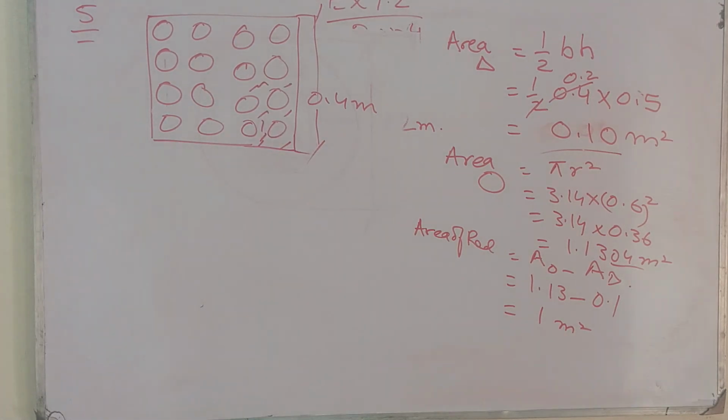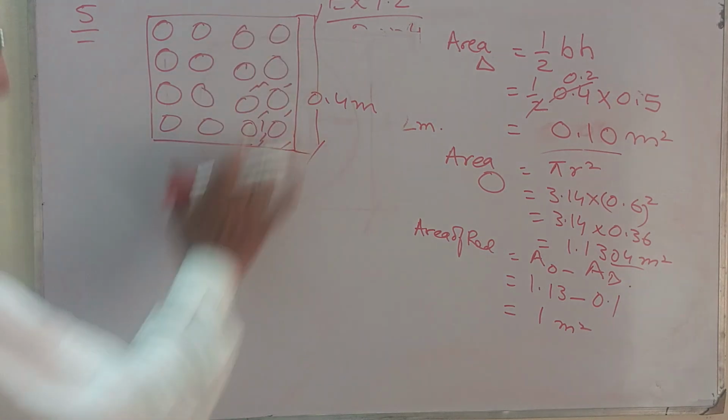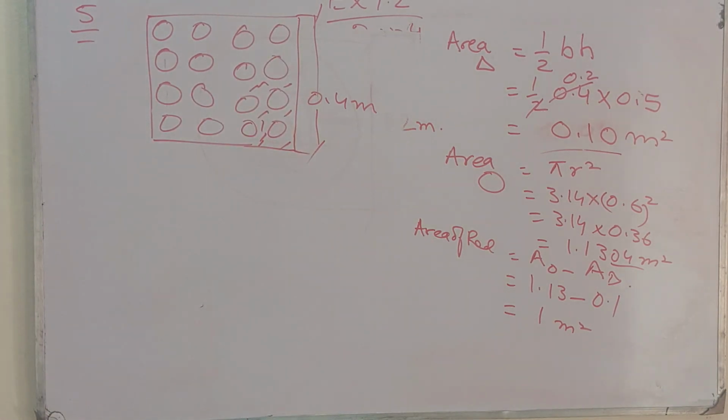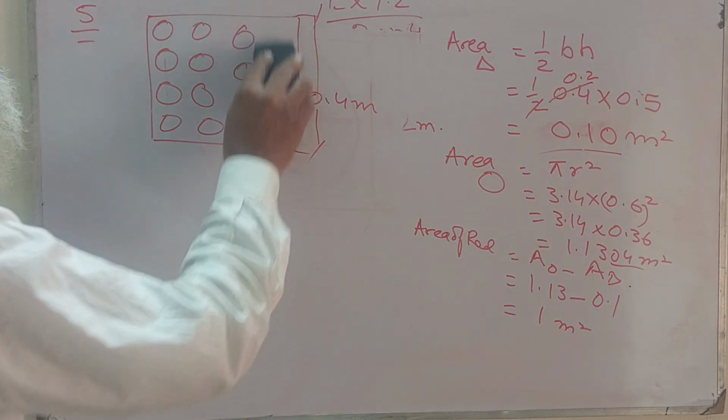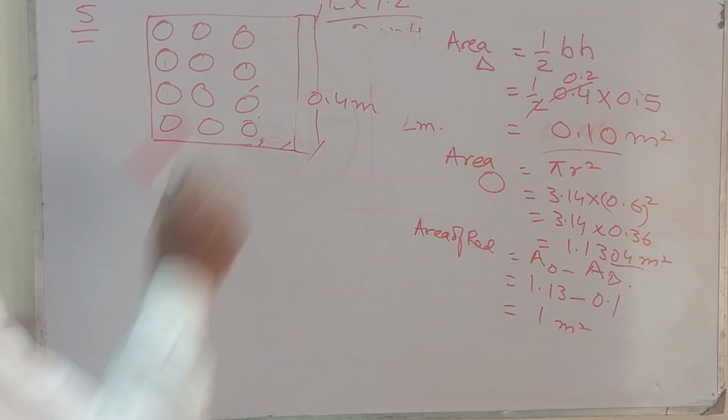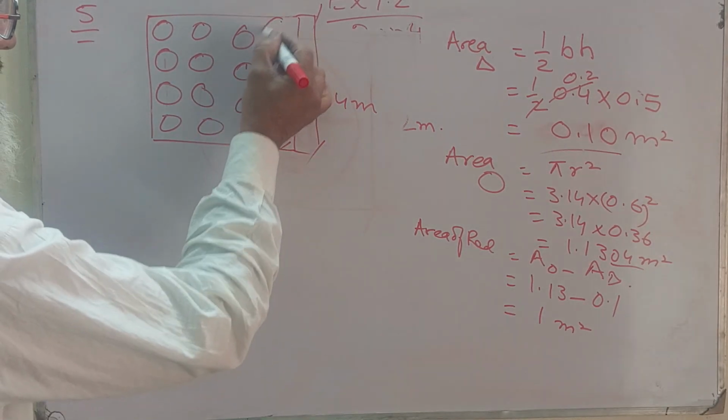Okay, my dear students, now just imagine that these circles are not like I have drawn. Now these circles are like this. Now let me draw these circles very carefully.